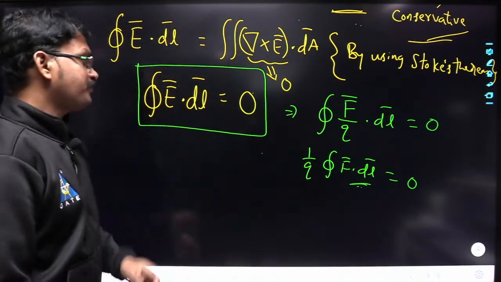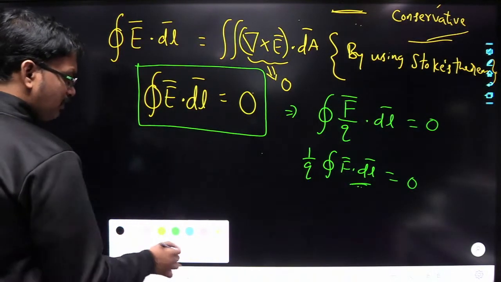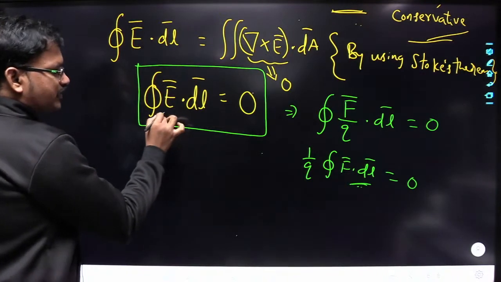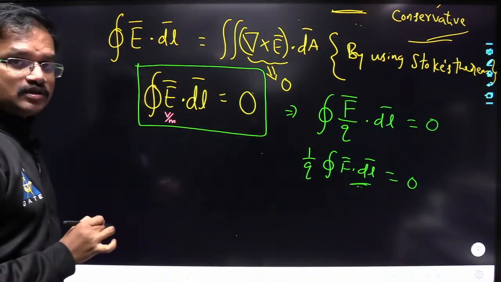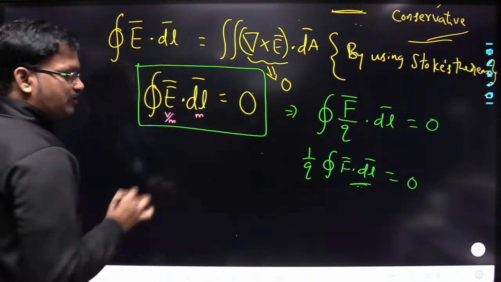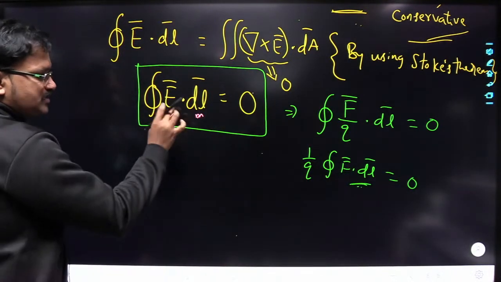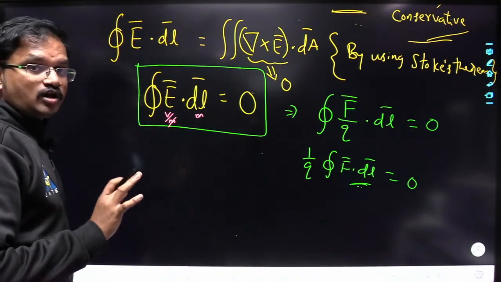Understood? Now one more thing we can observe from here is that the units of electric field are volt per meter, and for dl the units are meter. So meter will get cancelled, and E bar dot dl will represent the voltage, or potential.